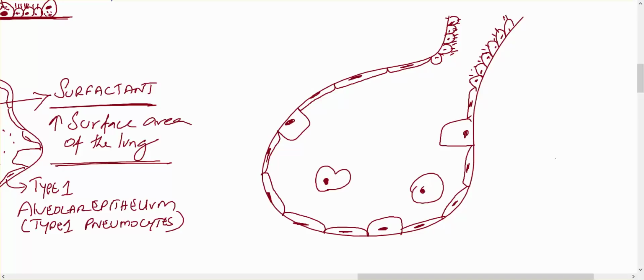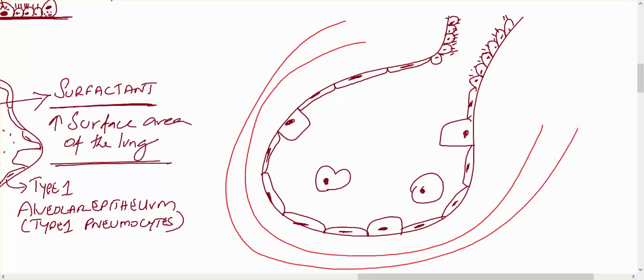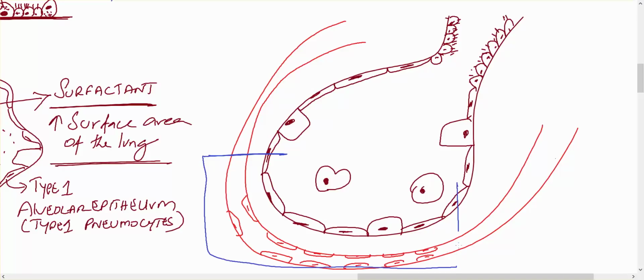Now you all know the capillaries surround the alveoli. The capillaries are lined by endothelial cells. So this is the area of gas exchange.